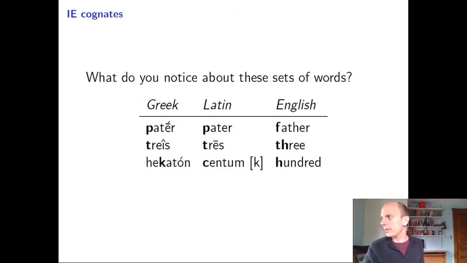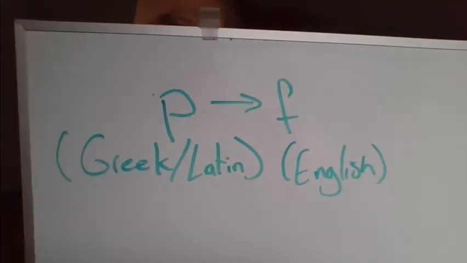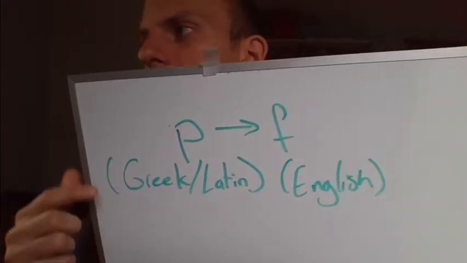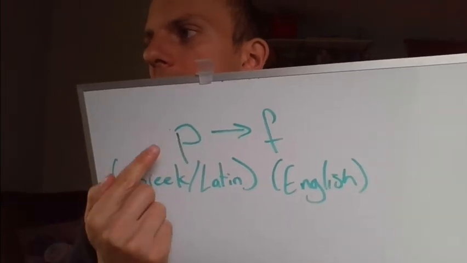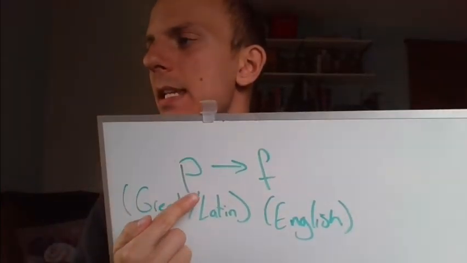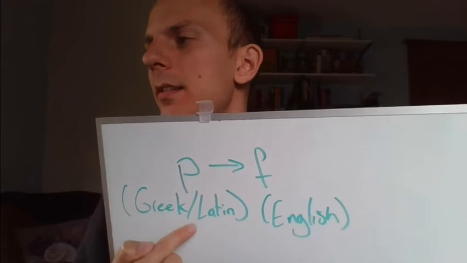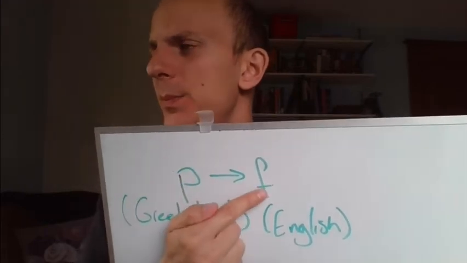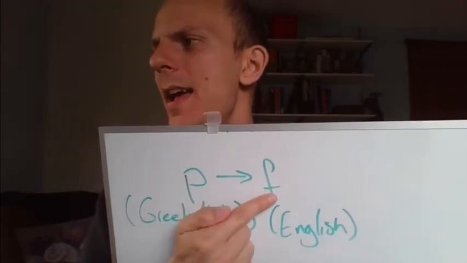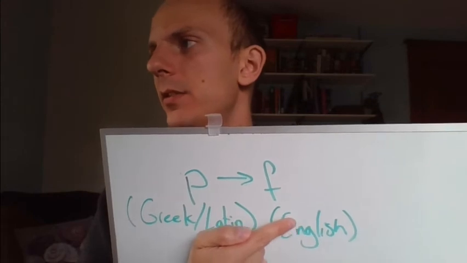I'm going to take it off the screen for a second to make myself big, but keep in mind this sort of P, P, F pattern with pater, pater, father. So we can start to write rules that look like this. So we can say something like a P in Greek and Latin corresponds to an F in English.